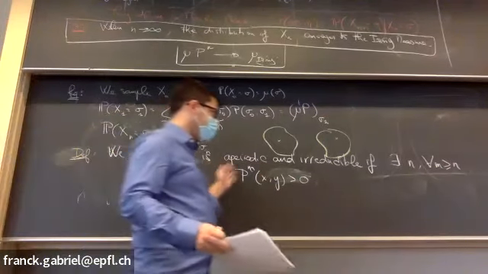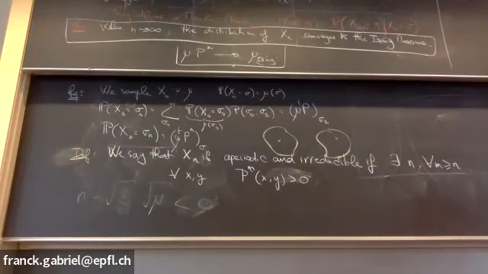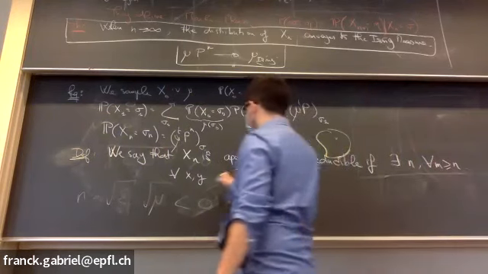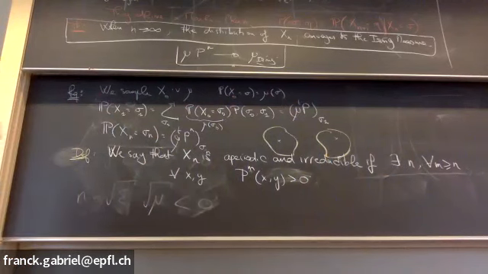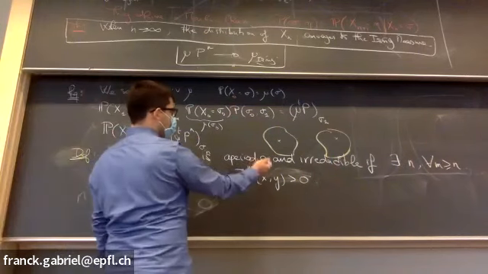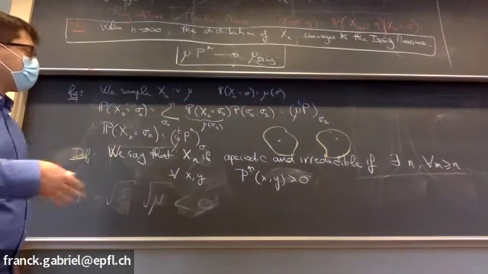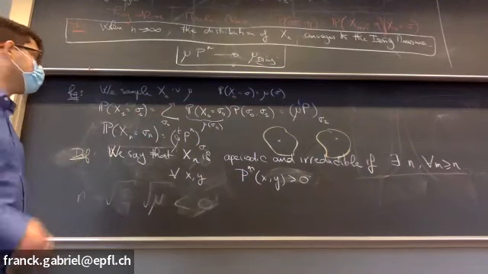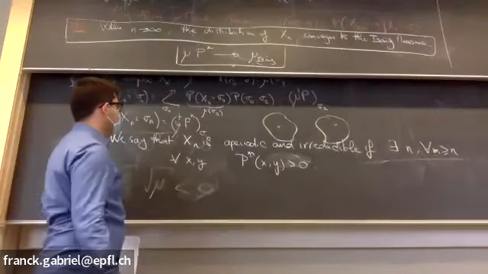So you see there is irreducibility inside, because I can go from x to y, and at the same time I'm asking that for any couple of points, if I give a time m, I will be able to go from x to y with a path of any length bigger than m.